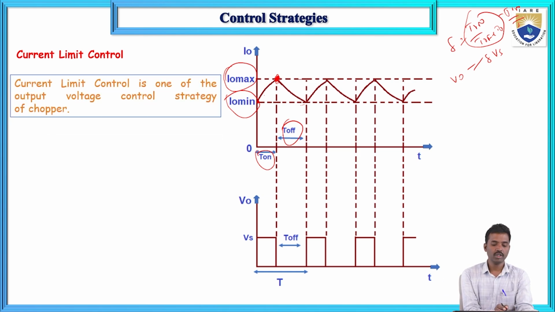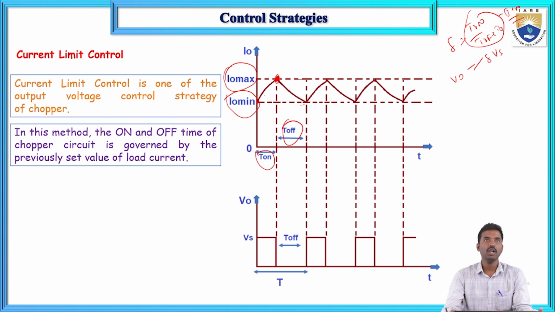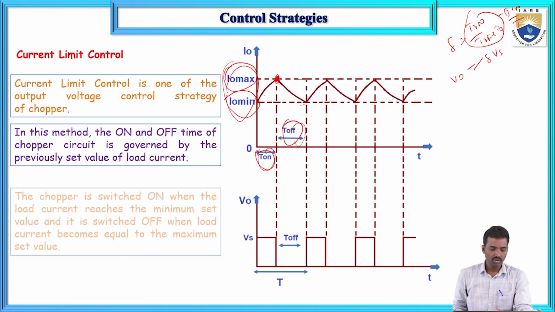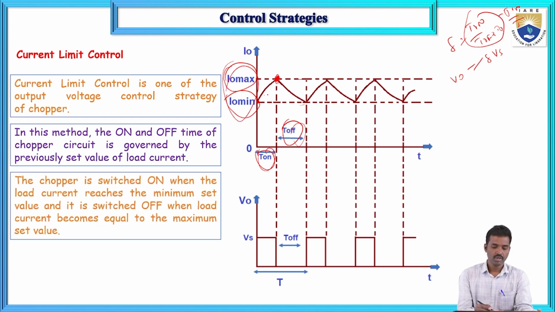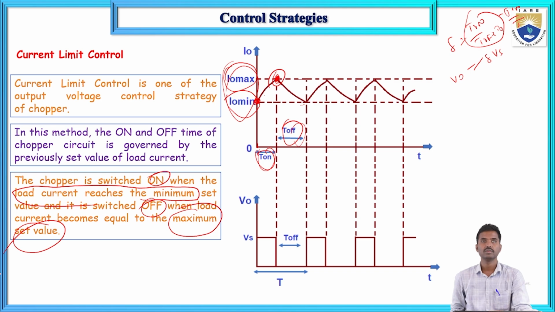Current limit control is one of the output voltage control strategies. In this case, the T on and T off of the circuit are governed by previously set load currents. It is switched on when it reaches the minimum value, and it is switched off when it reaches the maximum set value.